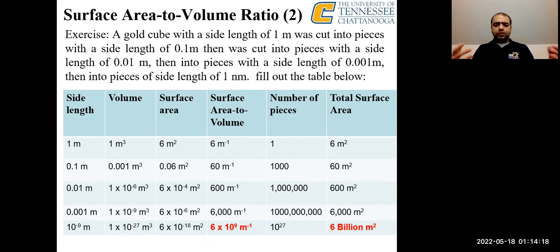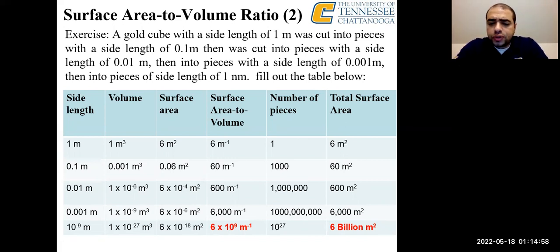If you keep cutting it into 1 centimeter, then all the way to 1 nanometer, the total surface area becomes 6 billion. So we start at 6 meters squared, and now we have 6 billion meters squared. The small cubes are now 1 by 1 nanometer, and the surface area to volume ratio is 6 times 10 to the power 9. As you see here, it's significant. It's extreme.